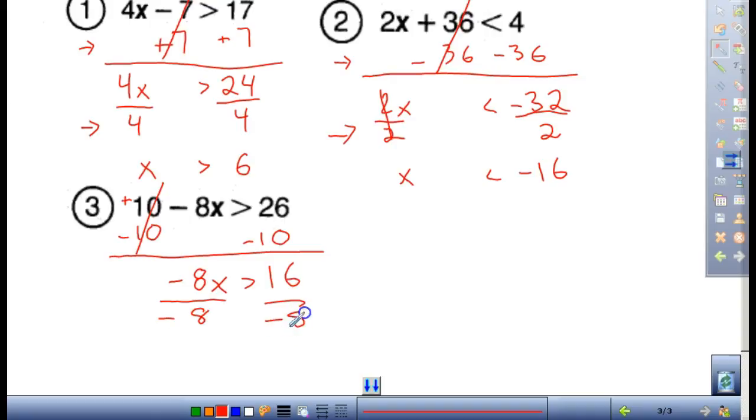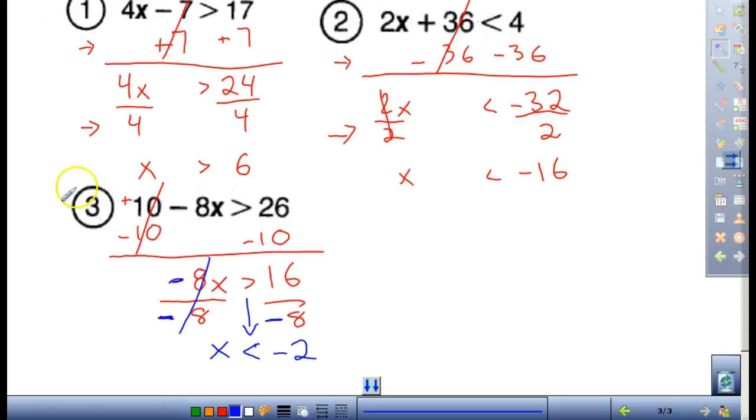Now what should I do here? What's the special step here? Everybody remember it? I divided by a negative, right? So you got to change that inequality sign to a less than. So negative 8 divided by negative 8 is 1. We're left over with x. 16 divided by negative 8 is negative 2.